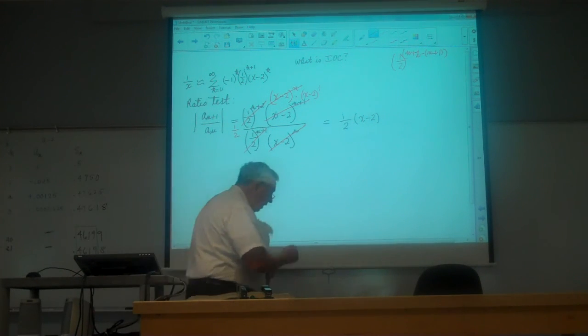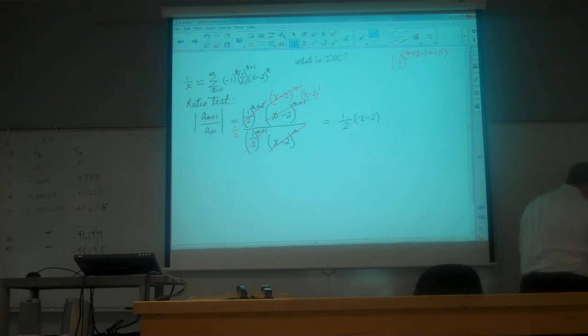The root test says take the nth root of a sub n, and in absolute values at that. Don't I remember? The absolute values is going to make the -1 go away.